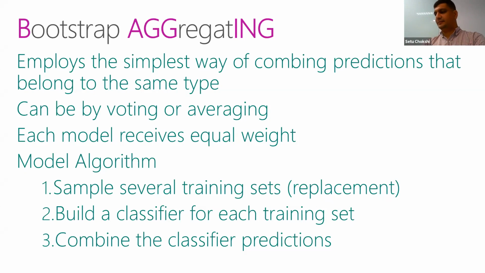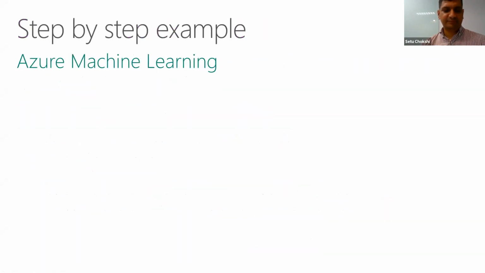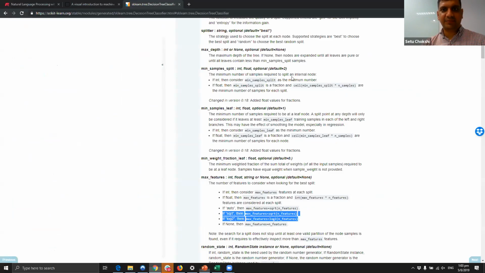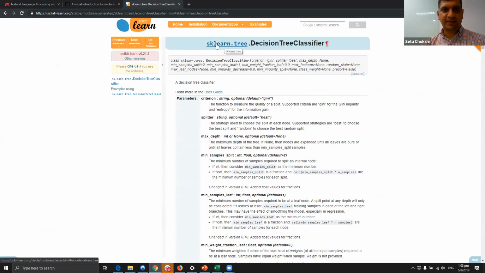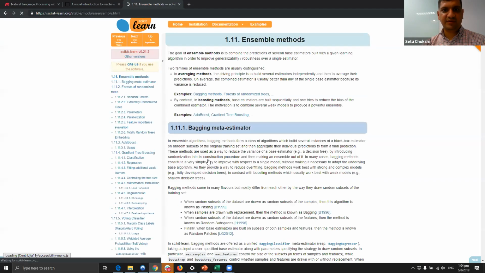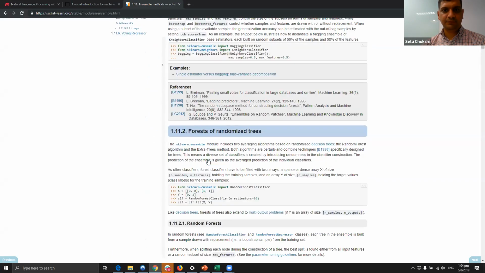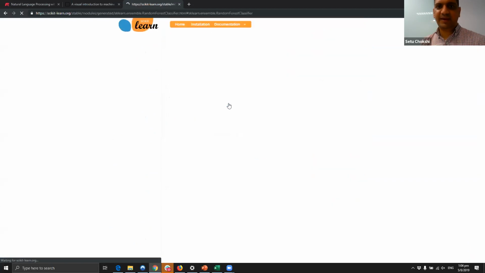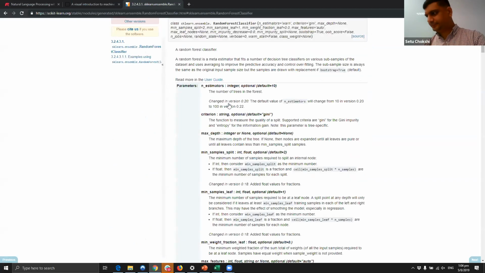All right, so let's go back to Scikit Learn, and look at another one. User guide, ensemble methods, and then let's look at random forest classifiers.